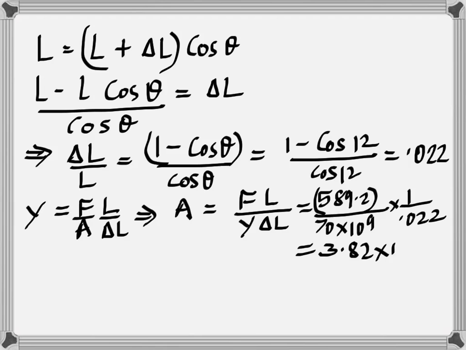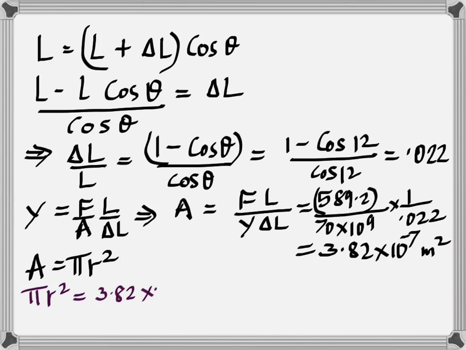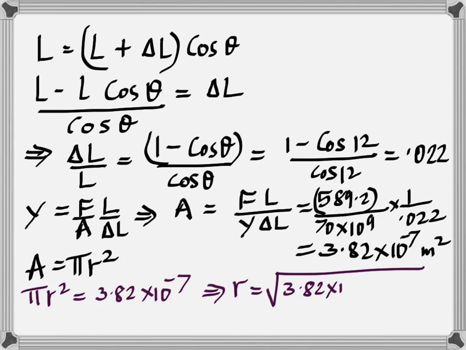Okay. So once that is obtained, you know that area of cross section is pi r squared, and calculate the radius from there. It's a lot to think about there and a lot of math, but you feel good once you understand it.